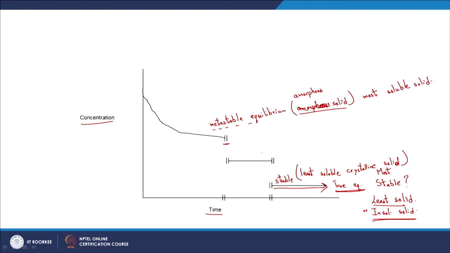And in the next stage, what would that be again? This is again a metastable equilibrium, and here I am going to have a crystalline solid, but it is going to be a soluble form of the crystalline solid.